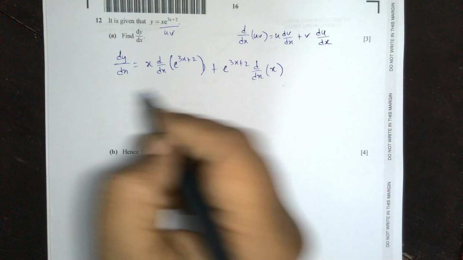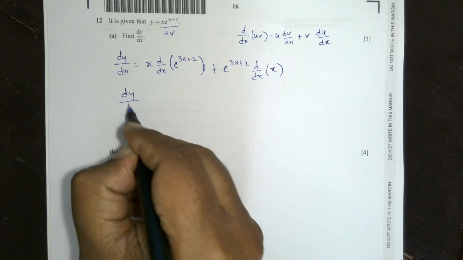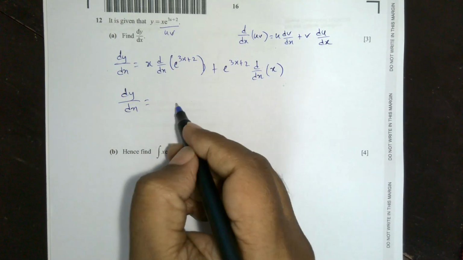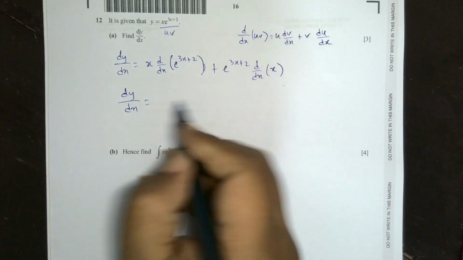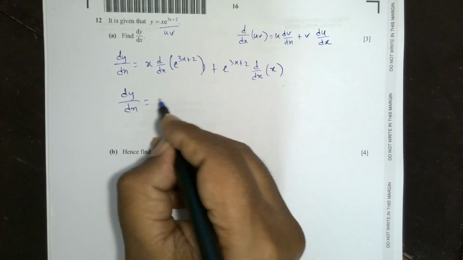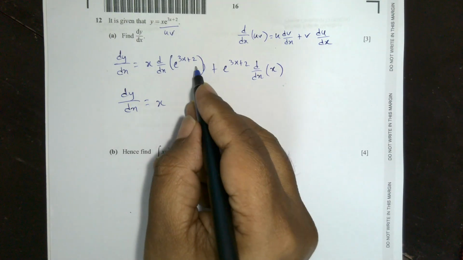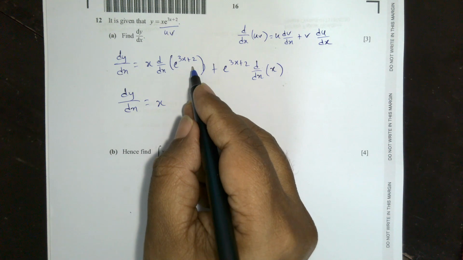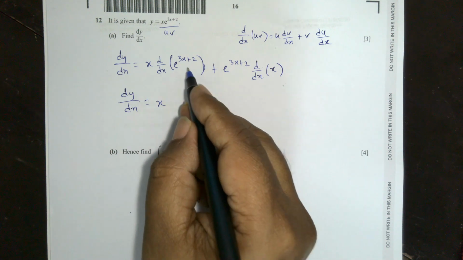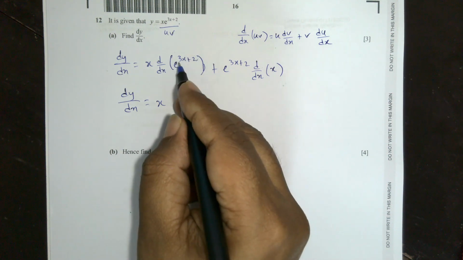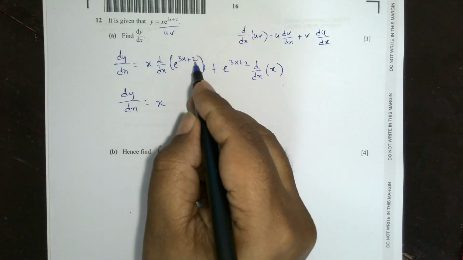So dy over dx is equal to, now the line I'm going to write is absolutely necessary. It will be x times, what is the differentiation of e to the power x? It is e to the power x, but it's not x, it's a function of x.